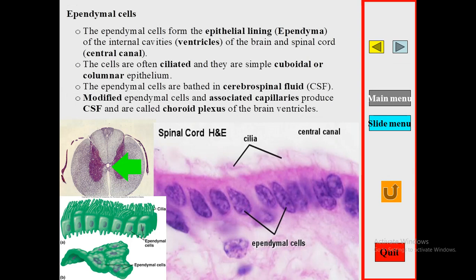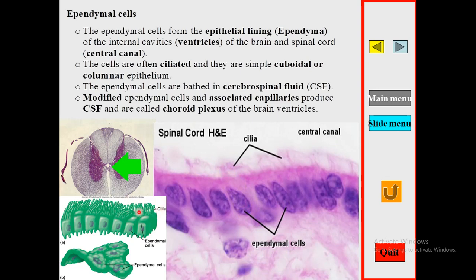The final type of cells is the ependymal cells. They form the ependyma, the lining epithelial tissue of the cavities within the central nervous system, such as the central canal and the ventricles within the brain. In general morphology, they are cuboidal to columnar with cilia.